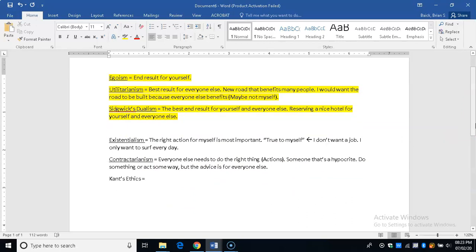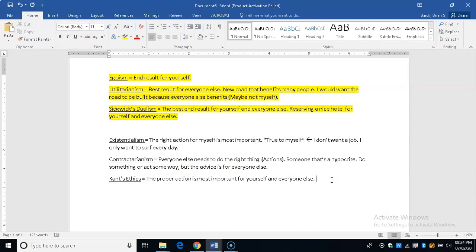Kant's ethics is saying that the proper action is most important, remember, for yourself and everyone else. Now, Kant's ethics is easier to think about because what if I say everyone needs to be honest, including myself?